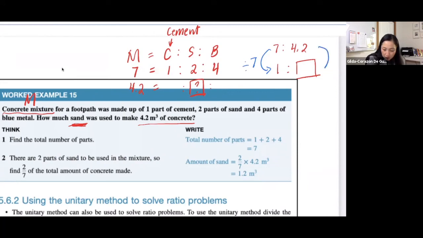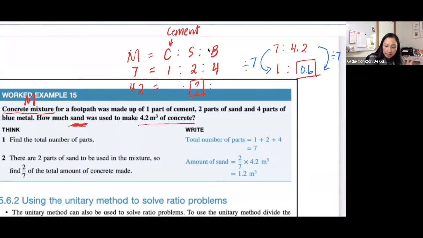So the same thing with this one. We divide 4.2 by 7. What do we get? 4.2 divided by 7 is 0.6. But what does this tell us? That 0.6 is just 1 part. How many parts do we need? We need 2 parts.